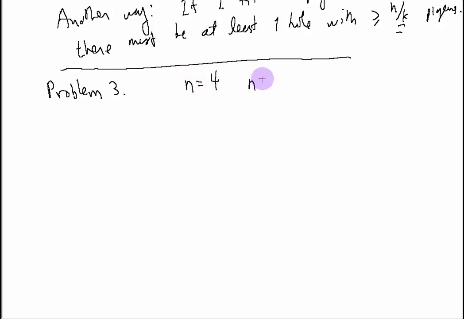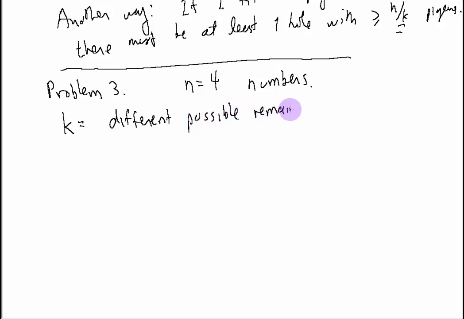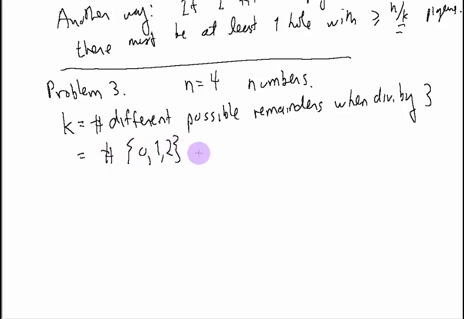I have n equal to 4 numbers, and k is equal to the number of different possible remainders when divided by 3. So it's equal to the number of elements in this set, 0, 1, or 2. So there are 3 possibilities.